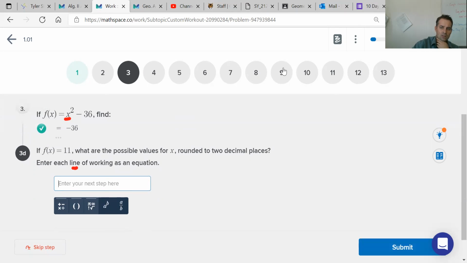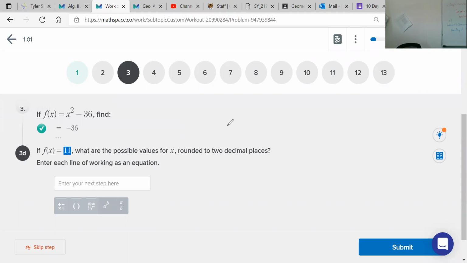Okay, so now if we have this, what are the possible values for x rounded to 2 decimal places? So we need to show a little work on this one. Let's do that.